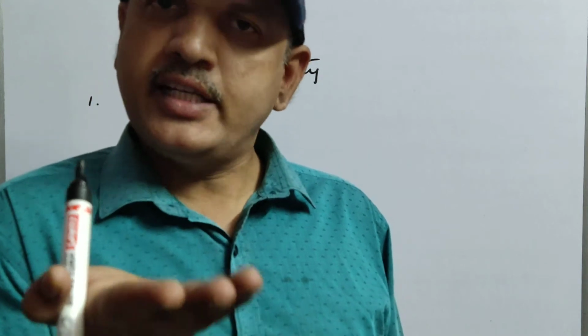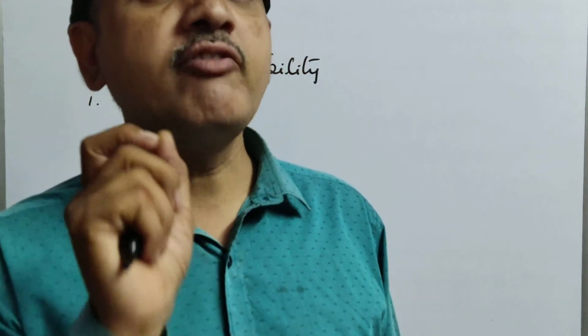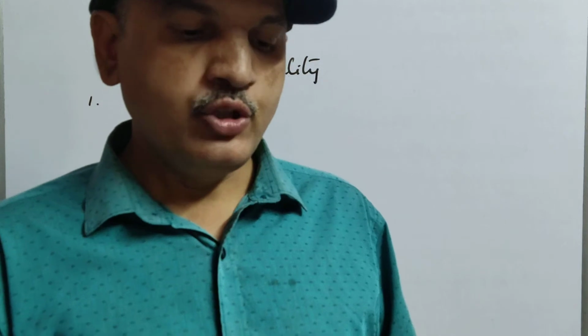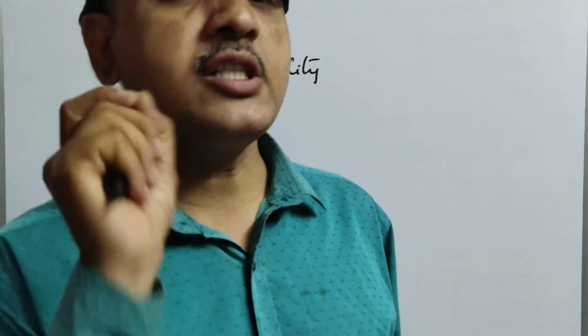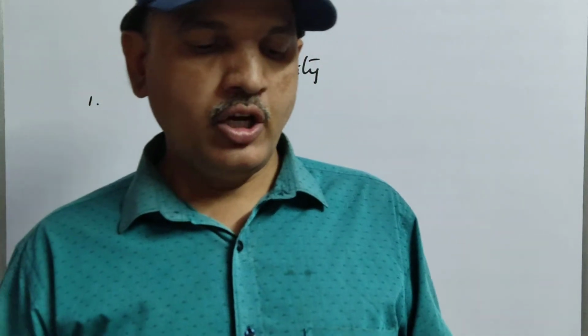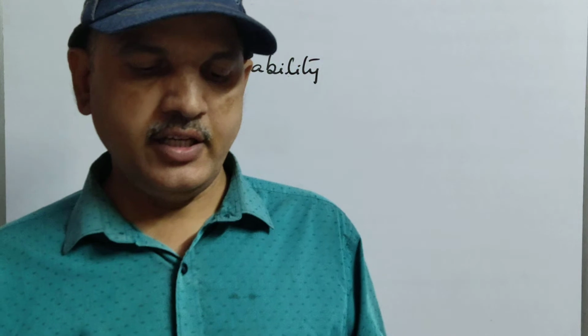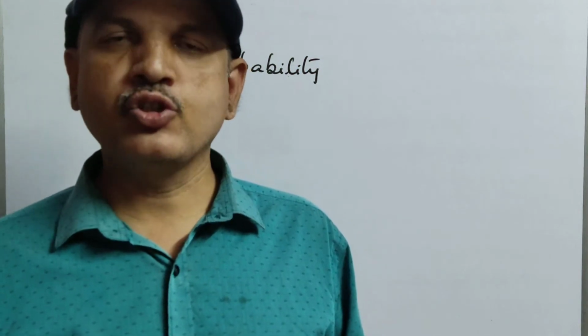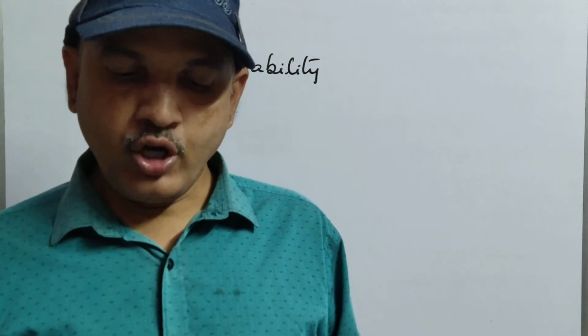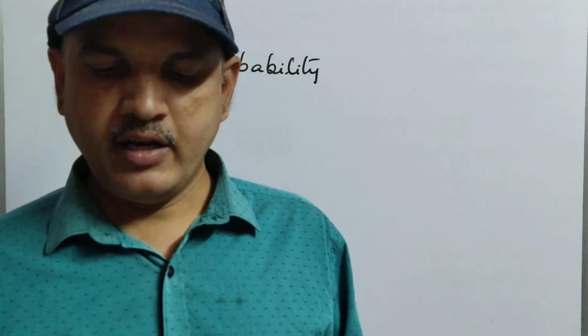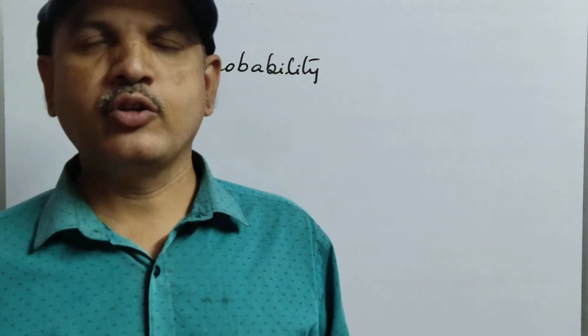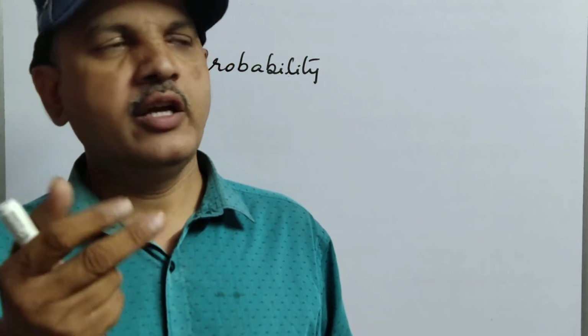Is it possible? Yes, it is possible, but it is not always possible. That's why you have to write the answer can happen but not certain. For the first one, you are older today than yesterday, certain to happen. A tossed coin will land heads up, you tossed a coin, head came up.